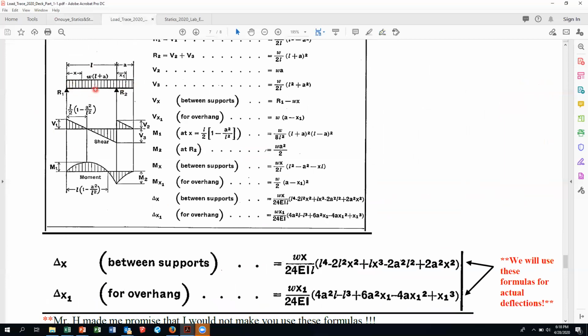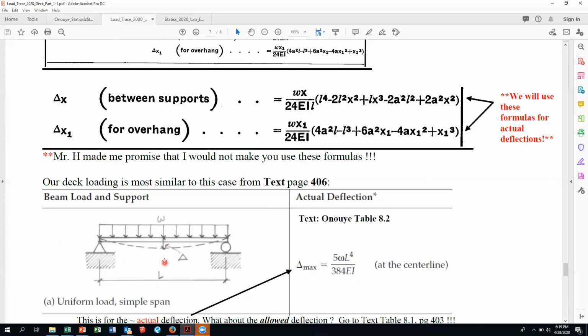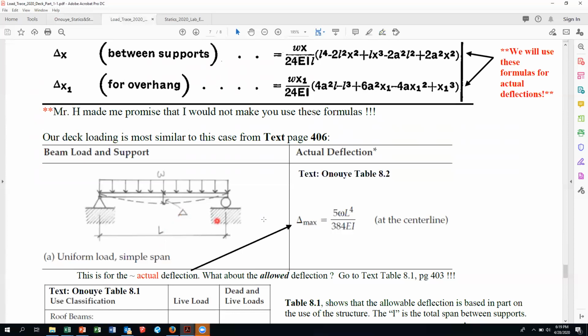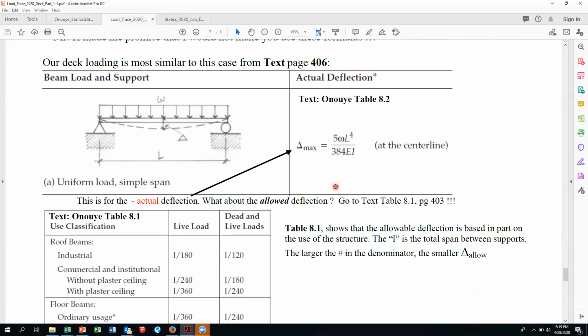What's our maximum deflection going to be at mid-span between two supports, and again in the middle of the span? So that's our maximum deflection, and there's our 5WL to the fourth over 384EI. So that's actual deflection. What about allowed deflection?